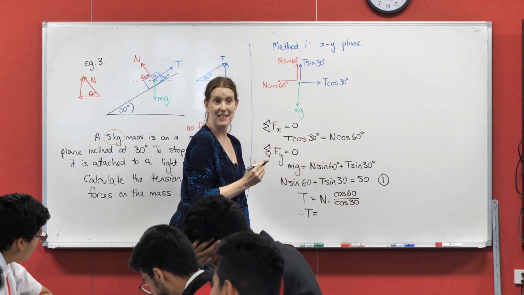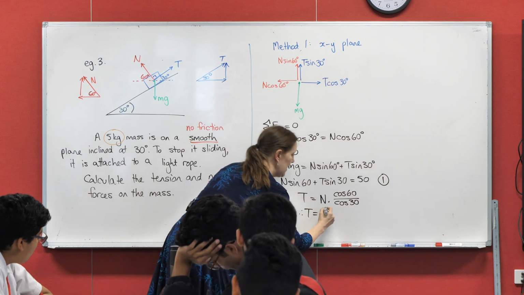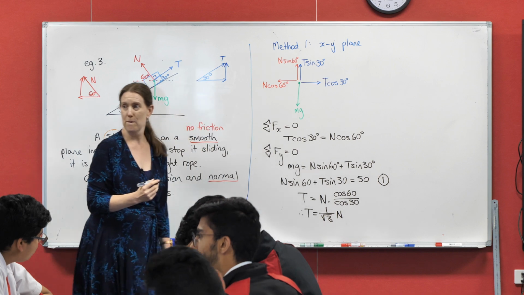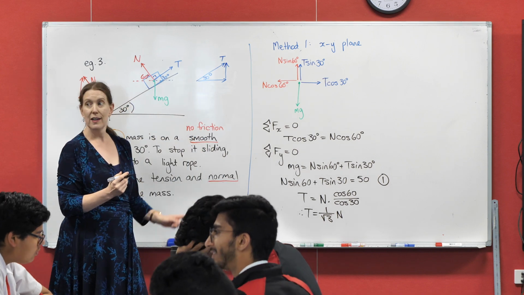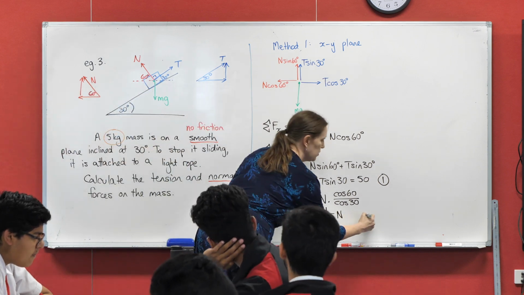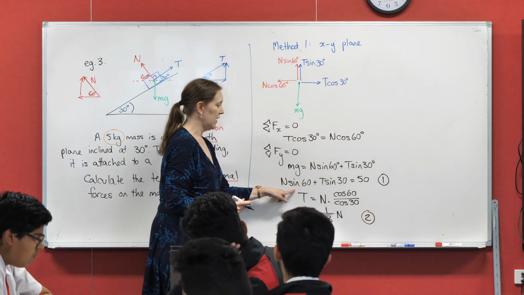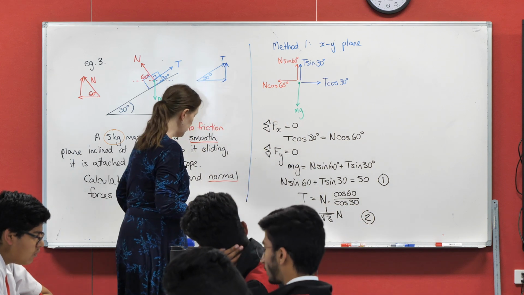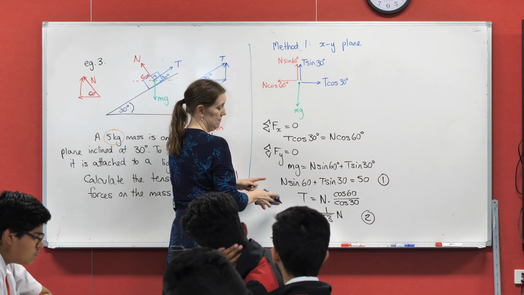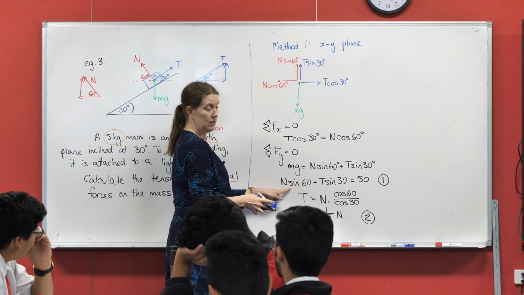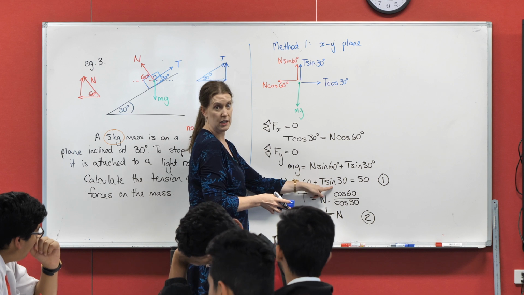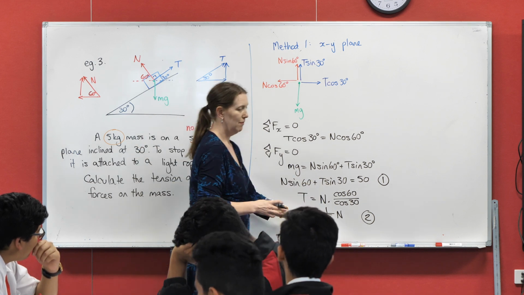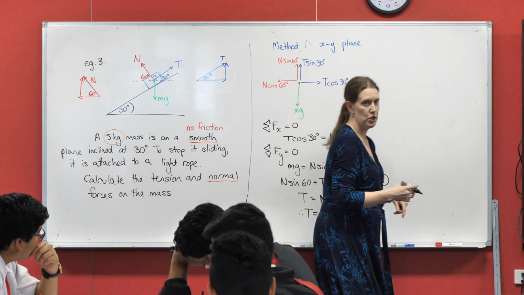What is it? 1 on root 3? Yep. We happy with that? This is a great equation too. By the way, I could also change these ones if I wanted to. What's sine 60? Root 3 on 2, sine 30, half. So I could change them if I want. I like to leave them until we're all into one row, which I can do.